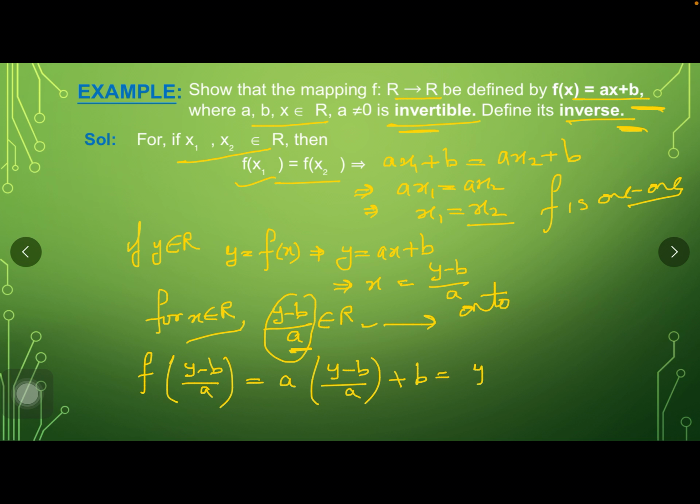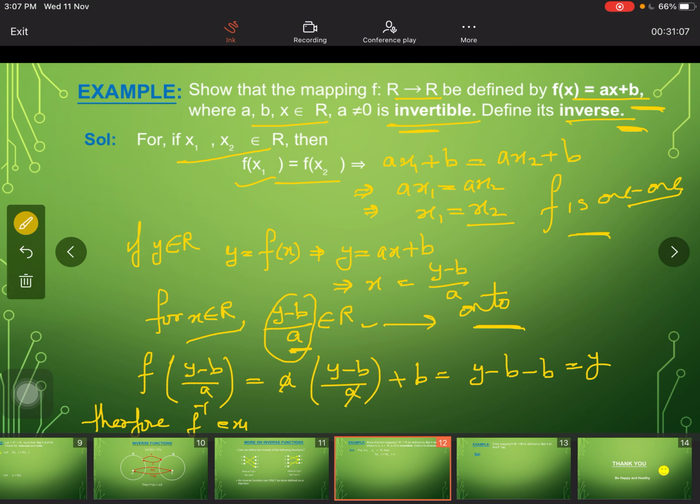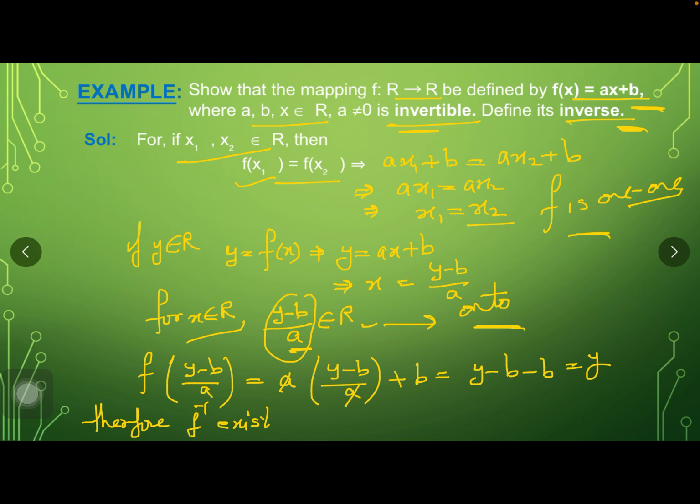So in place of x we put (y minus b) upon a, plus b. So it becomes what? y minus b, because a cancels out here, y minus b plus b, so it becomes y, right? So now our function is 1-1 and onto, and we get y.